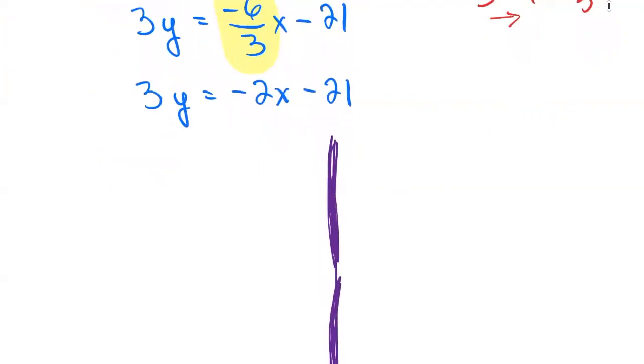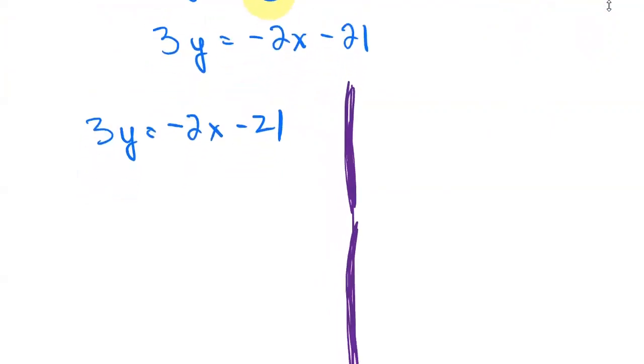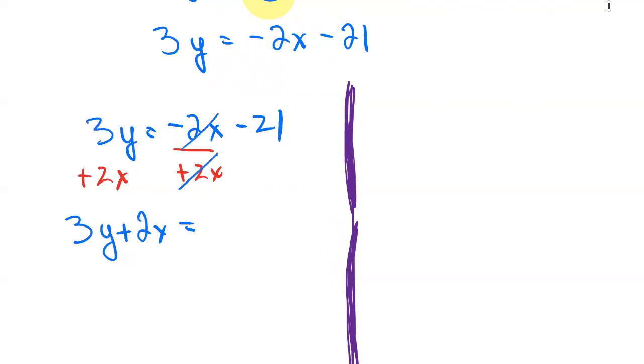Okay. So on this side, 3y is equal to -2x minus 21. If I want to move this -2x to the other side because I need it to be positive, I'm going to add 2x to both sides. So then I end up with 3y plus 2x is equal to -2x plus 2x, those will cancel, -21.